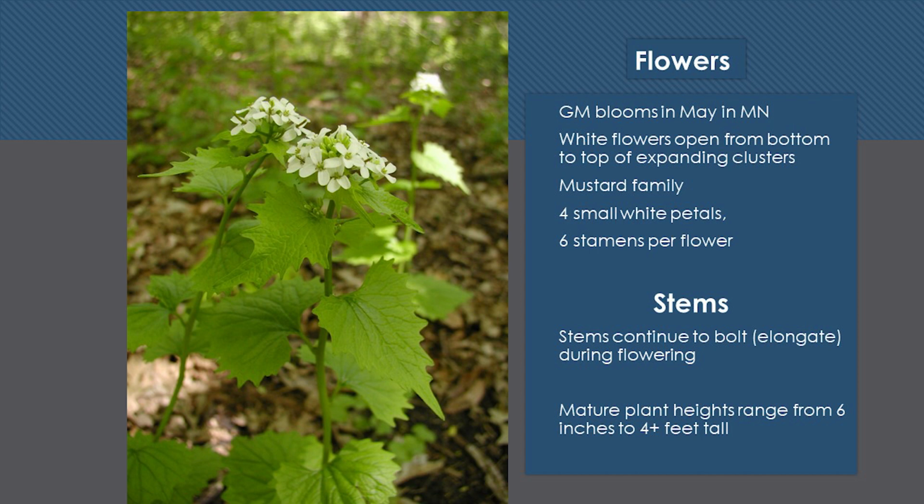Stem continues to bolt, mature plant. The height can range from 6 inches to 4 feet tall. Isn't that amazing? If we have plenty of soil moisture and it's open with no competition, it gets big. You saw that dense patch in the last slide, I think. That's a lot of competition, so there are going to be a lot of narrow plants.